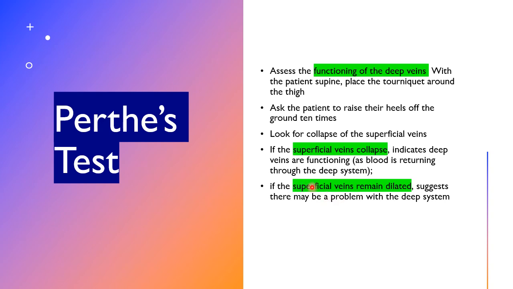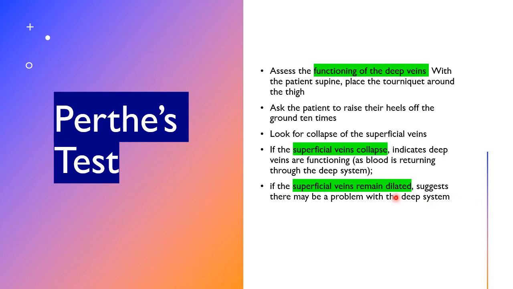If, however, the superficial veins remain dilated or become more dilated, that suggests there may be a problem with the deep vein system, whether it is obstructed or there may be incompetent valves in the deep vein system that prevent the blood from draining from the superficial system.